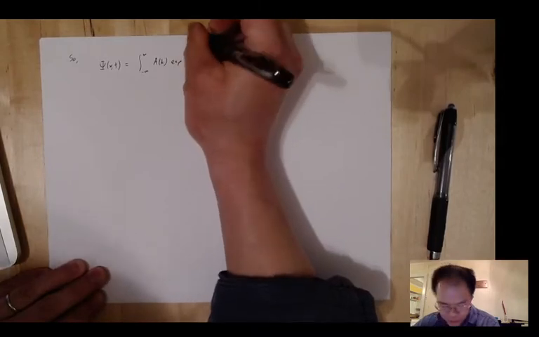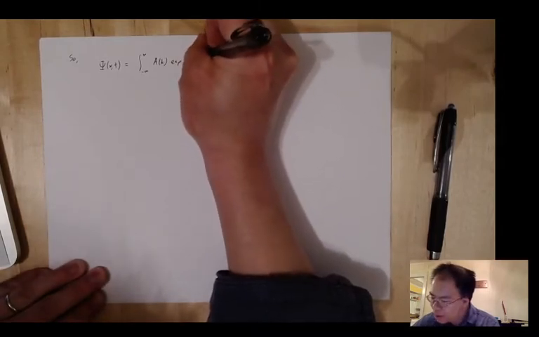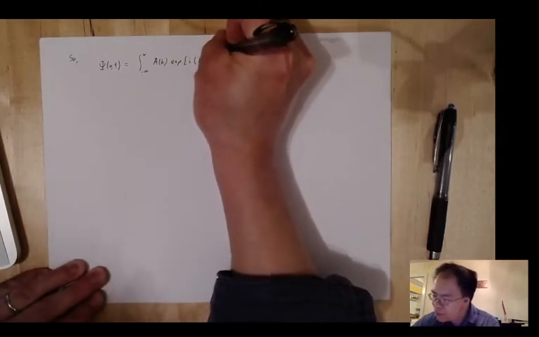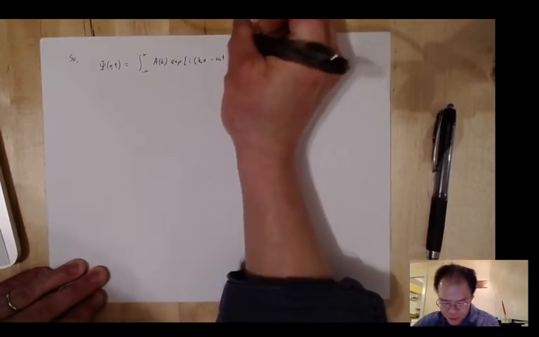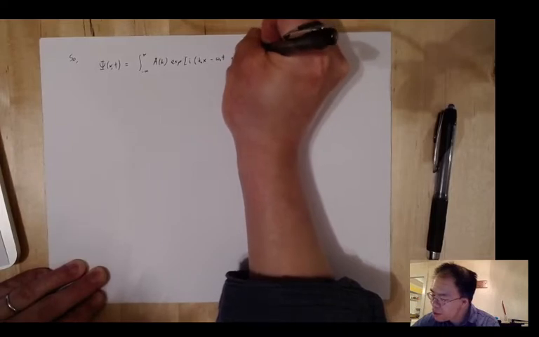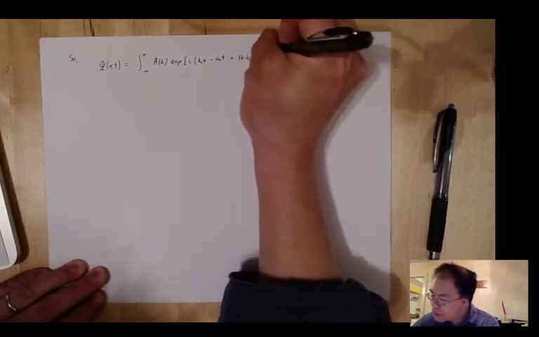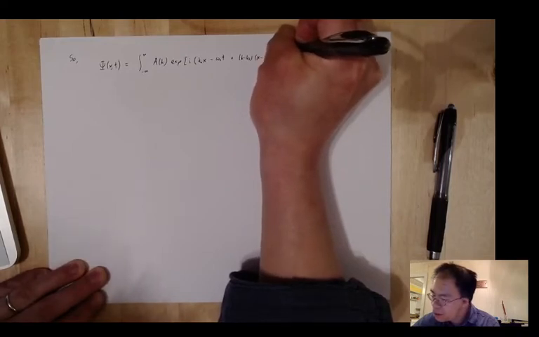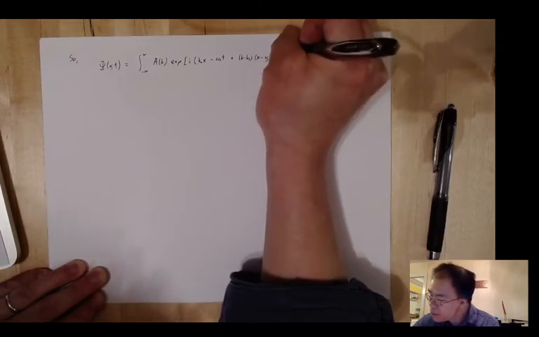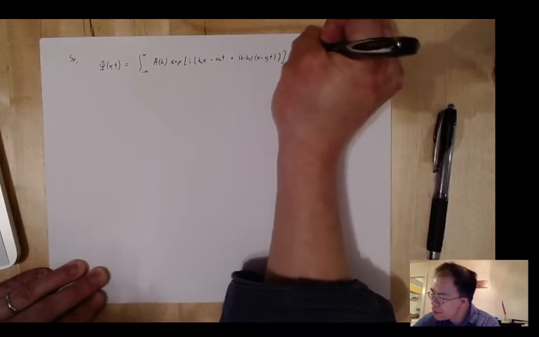be, now this entire thing, k naught x minus omega naught t plus k minus k naught times x minus v group t. And I'm going to close the parentheses, and we're integrating dk.